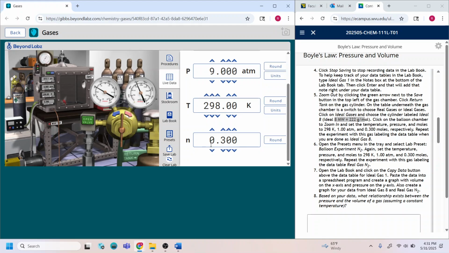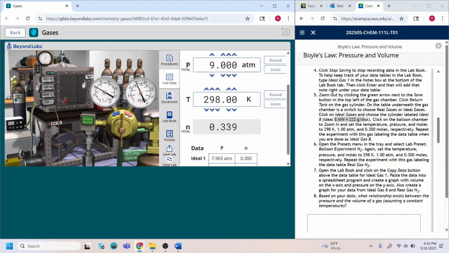Now, let's say, for example, the number of moles showed up on your side as 0, for example. You've got to fill the balloon with 0.3. So to fill it, you just open the valve. Okay, and as you open the valve, the number of moles is going to increase.